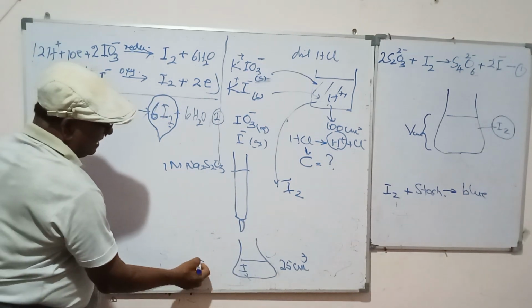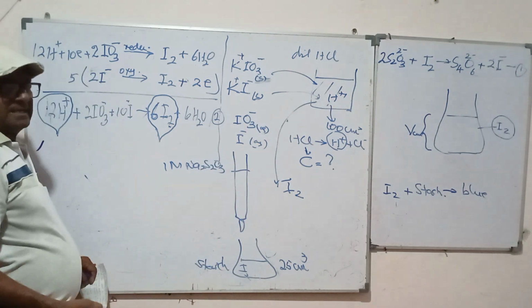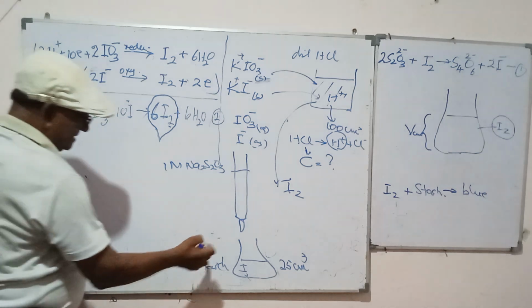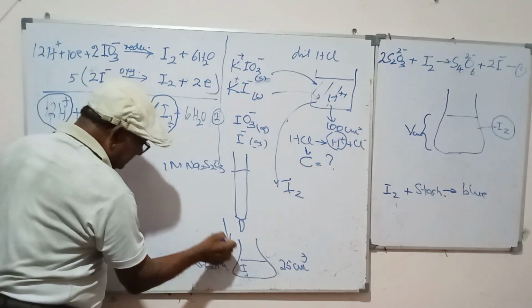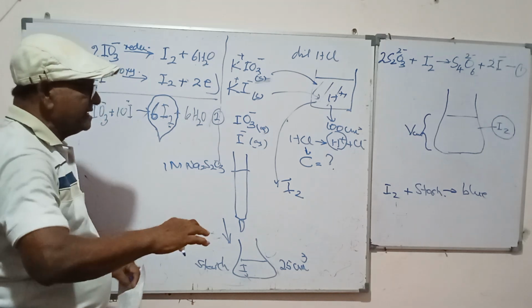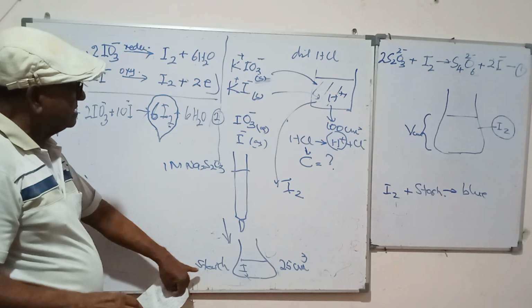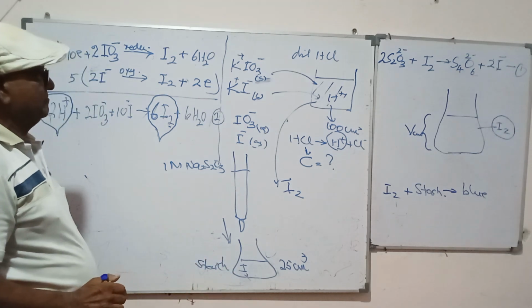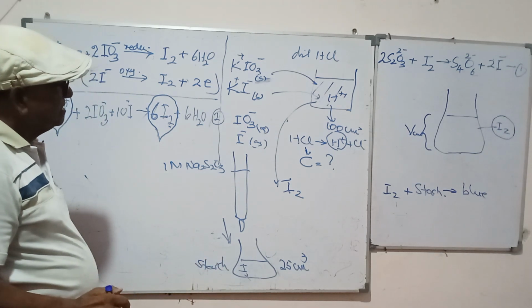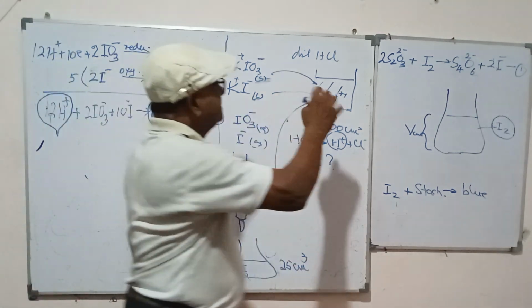Then we apply the starch as the indicator. Then we can conduct the titration with thiosulfate and I2 solution. Now, during the titration, this is the reaction that should occur.